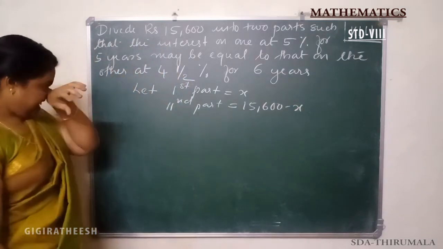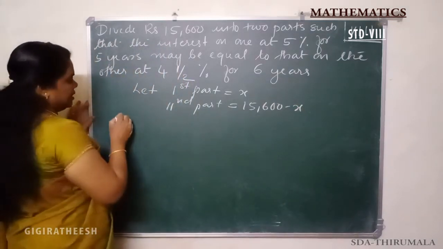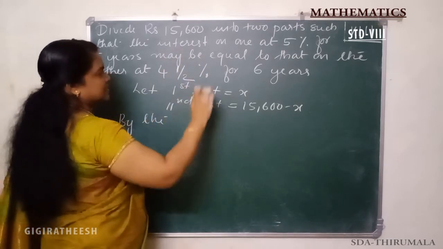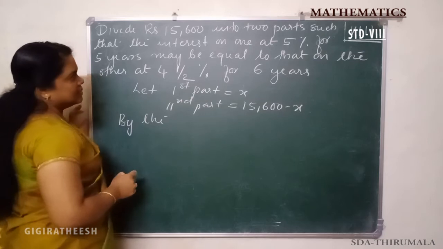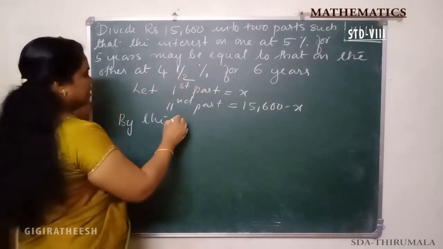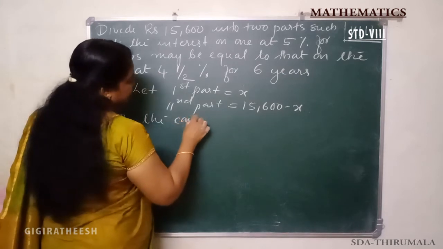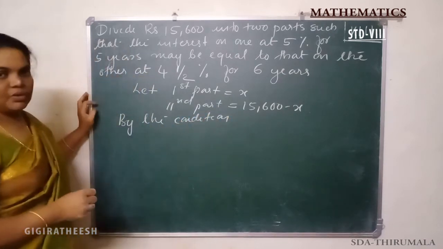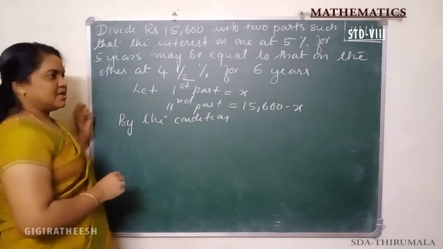and the second part is 15,600 minus x, subtracting this x from 15,600. By the given condition, the first part's interest is equal to the second part's interest. What is the formula for calculating interest? PRT by 100.